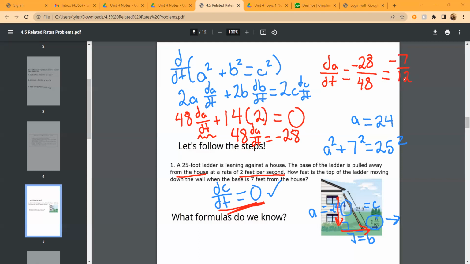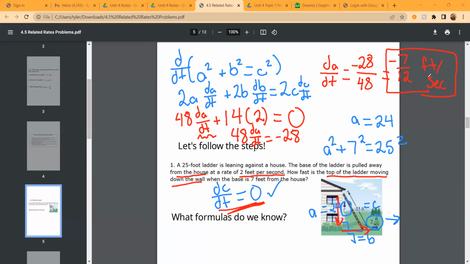And again, we need to apply context here. So what does this mean? Well, let's use our units. Negative 7/12 feet per second. And there you go. If you want the full sentence, you would say the top of the ladder is moving down the wall at a rate of negative 7/12 feet per second.